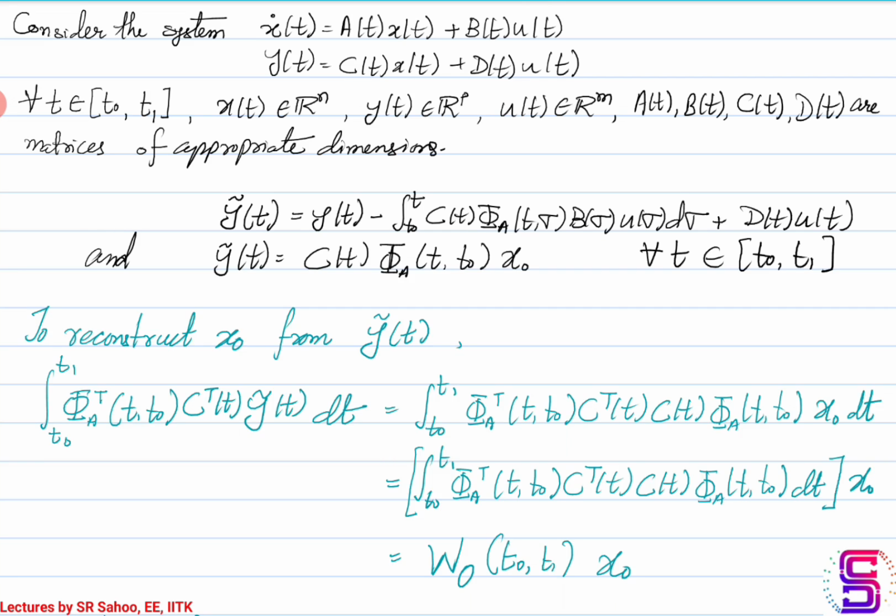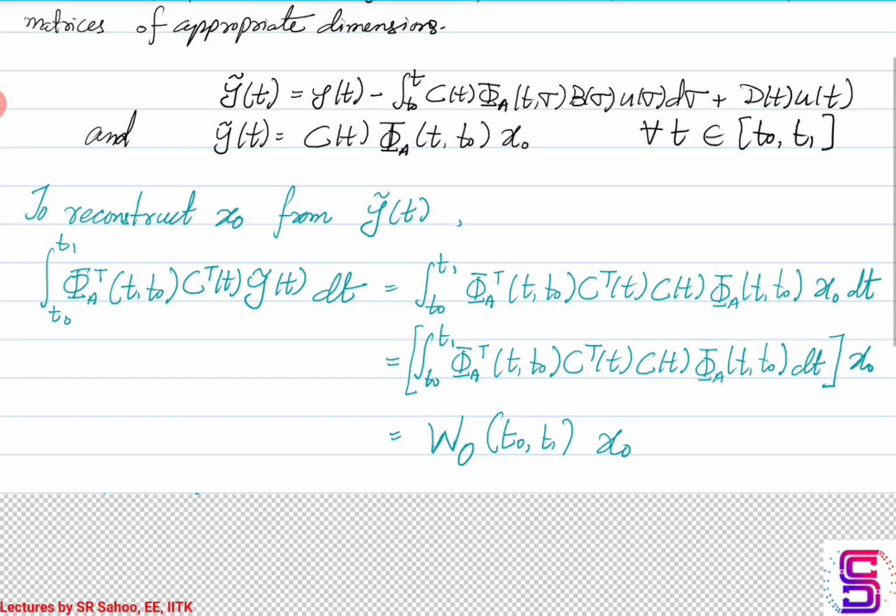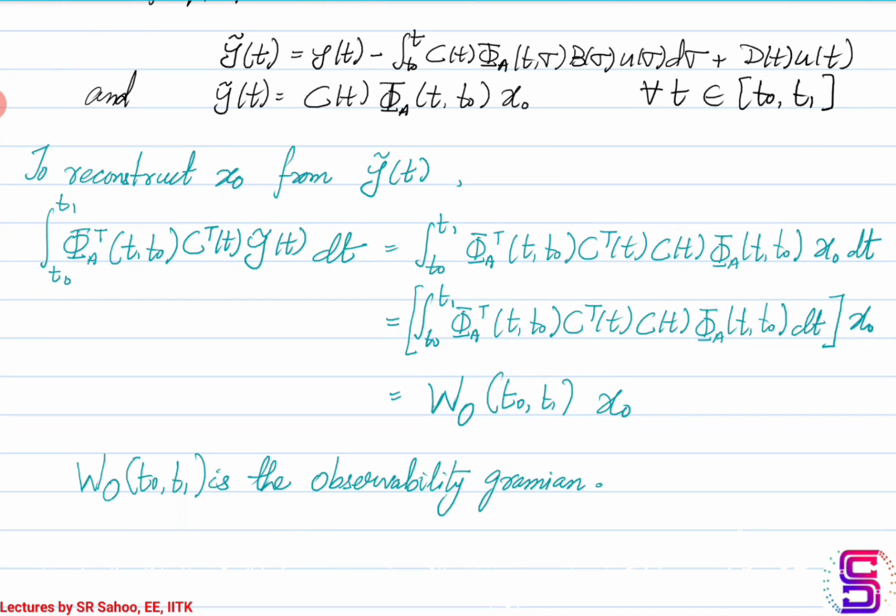Now to reconstruct x0 from y tilde, what we do is we pre-multiply both sides by phi transpose C transpose and integrate over the time interval t0 to t1. The moment we do this, what we essentially have is the left-hand side being equal to a matrix over the time interval t0, t1 multiplied by x0.